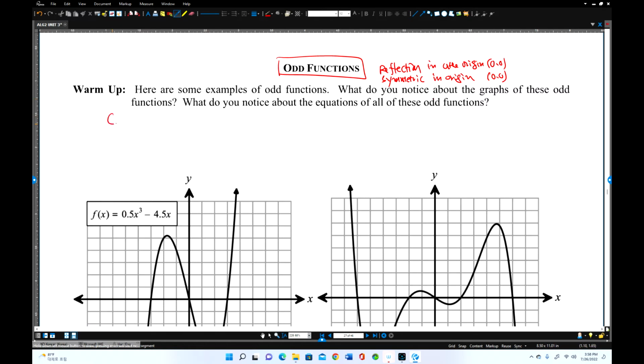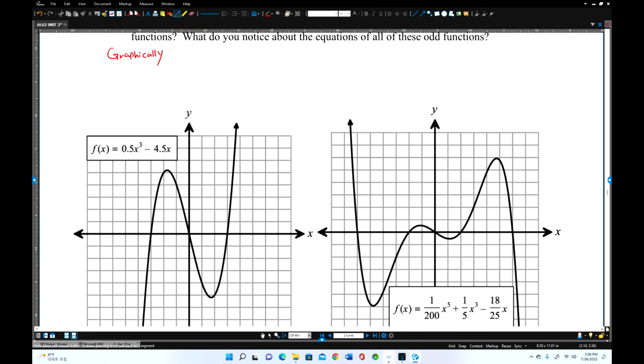Now from the graph, you can see graphically that there is a reflection in the origin. Take this point, the origin, and the other point. Or you can use this point over here with the same point. This is symmetry in the origin, 0 and 0. So from the graph you can see that.